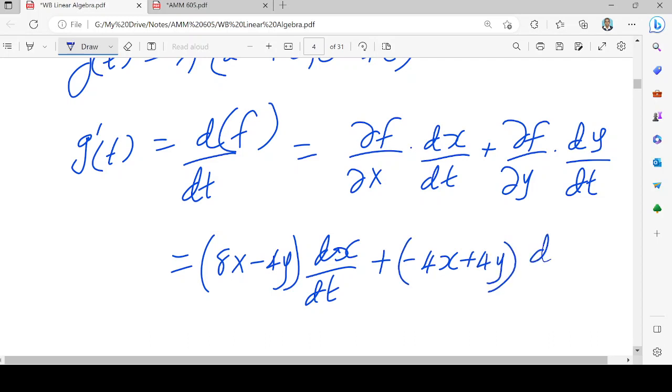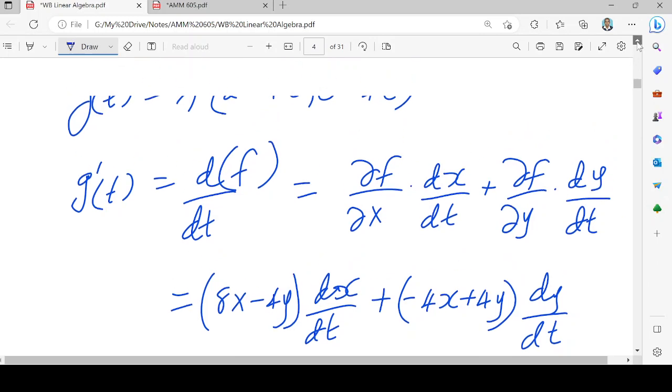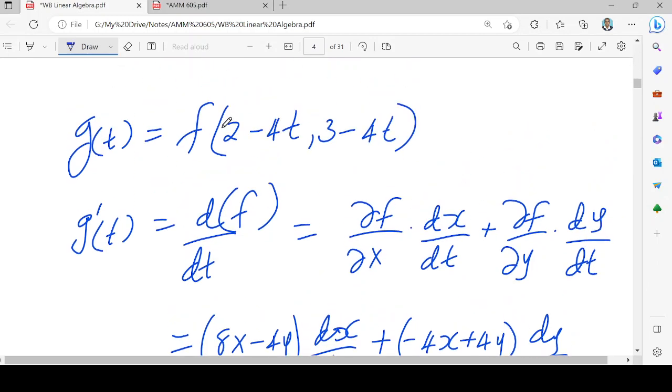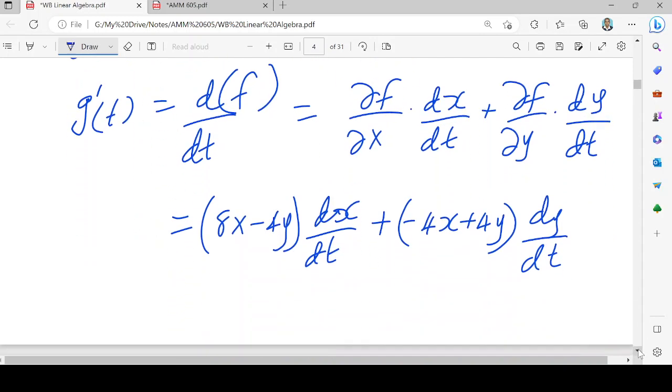Then we have dy by dt. But we have also seen that in our case here, x is equal to 2 minus 4t and y is equal to 3 minus 4t, meaning that we can differentiate.